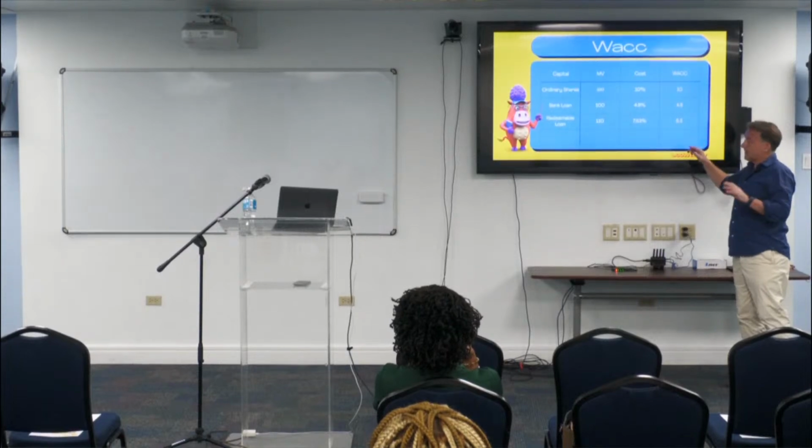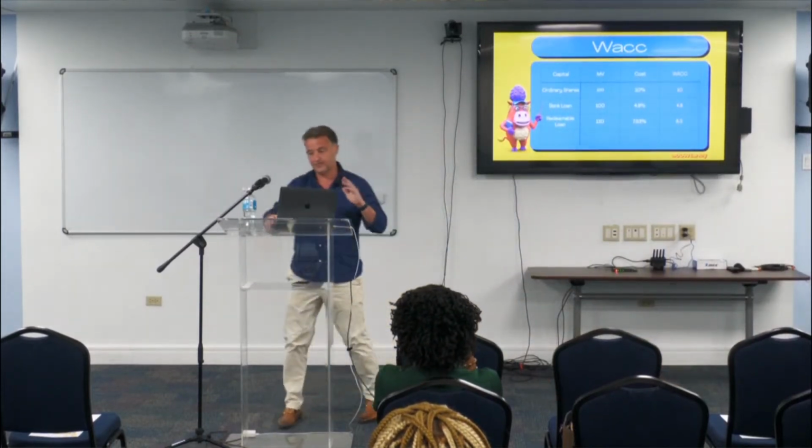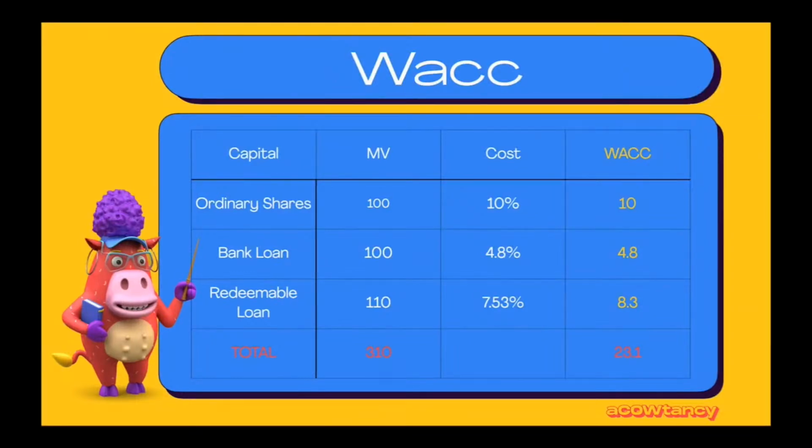So to work out the weighted average cost of capital, you add down the weighting. So I've got 310 worth of capital, the cost of which is 23.1.